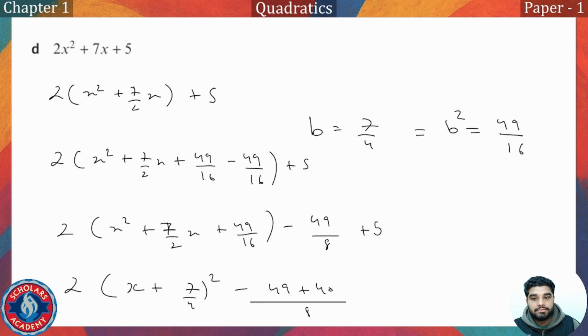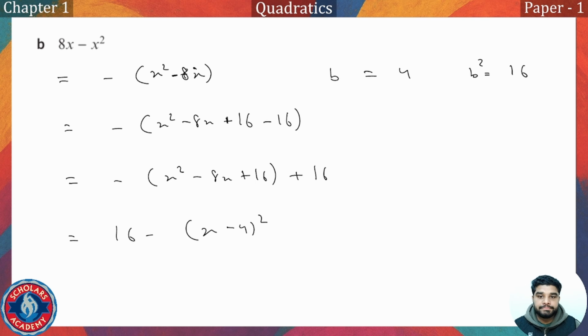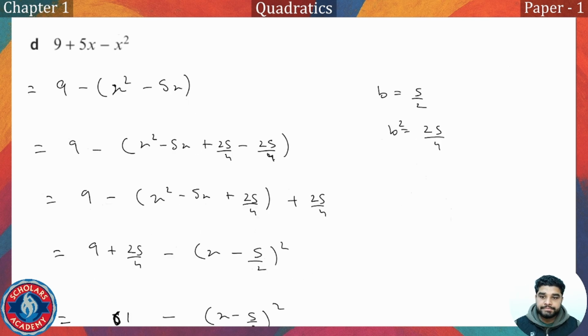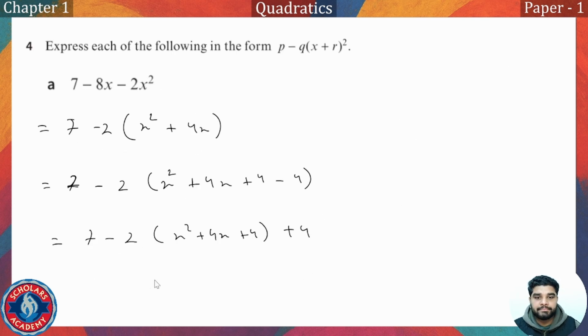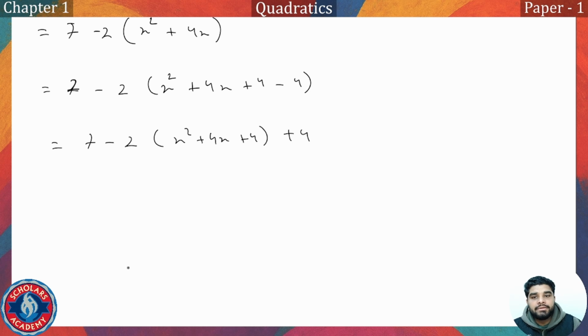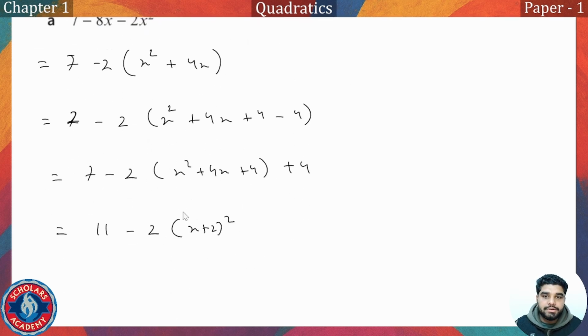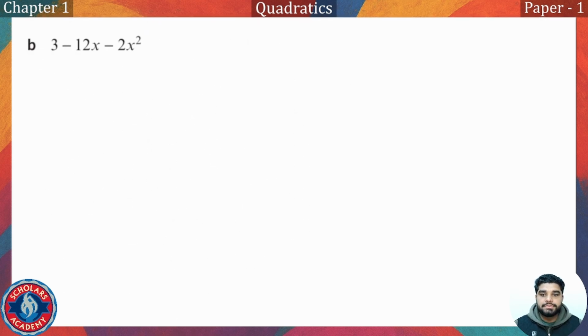Now we'll add 4 with 7. So 7 plus 4 will become 11 minus 2, and we'll complete this whole square, that is x plus 2 whole square. I hope you understood this. Let's move towards the next question.